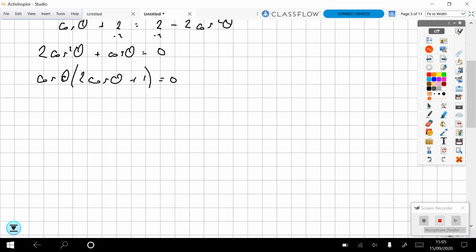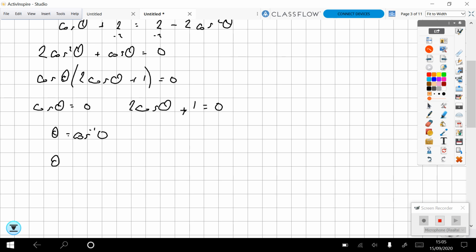And so cos of theta equals 0. And separately, 2 cos theta plus 1 equals 0. Now, theta equals inverse cos of 0.